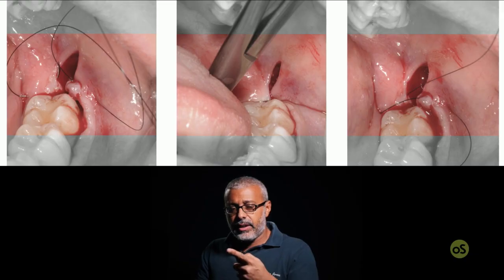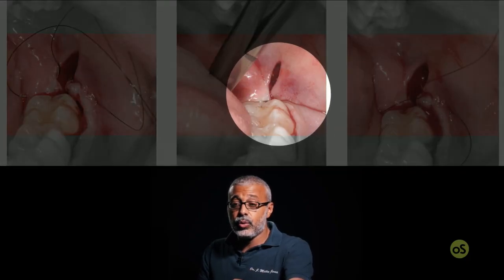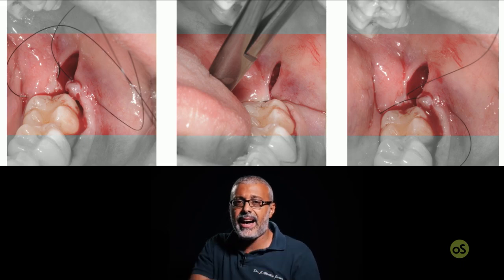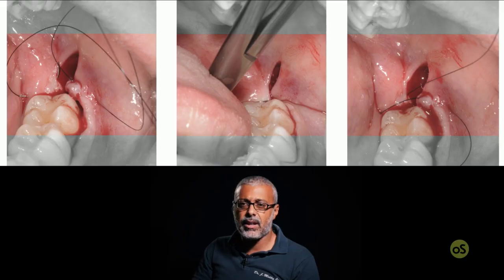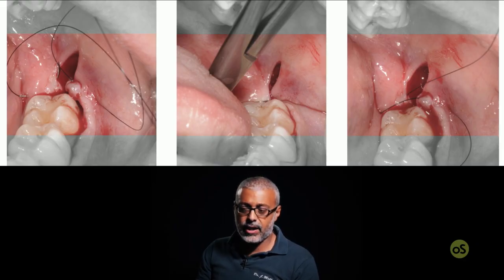I exit on the buccal area of the flap, and then when we close the knot, you can see perfectly that the two areas close to each other exactly behind the second molar, and this prevents pseudo pockets or periodontal pockets on the distal aspects of the second molar. And this is a very important suture to close the gum just behind the second molar.